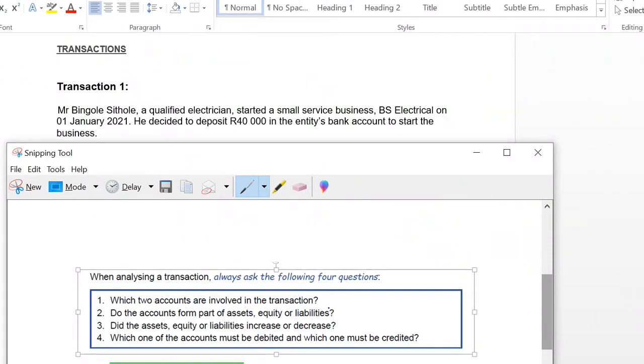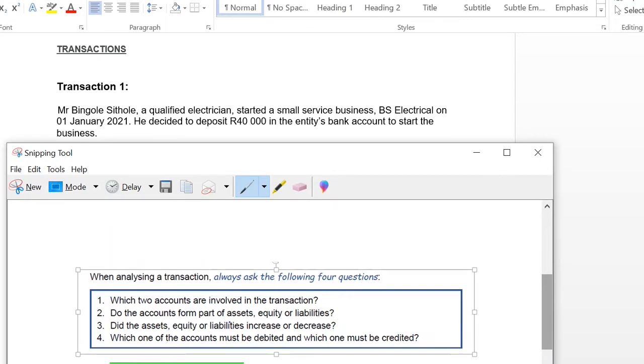We said bank is an asset and capital contribution is equity. Number 3 is, did the asset, equity, liability increase or decrease? Equity increased and bank increased.